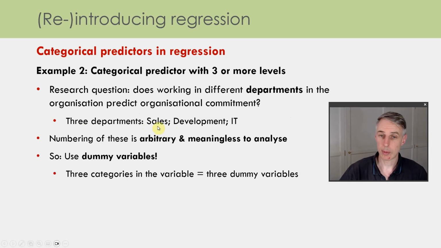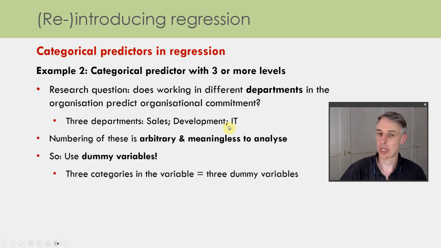Now, for coding purposes, we can assign numbers to these. Let's say sales is 1, development 2, and IT is 3. But that numbering is arbitrary and meaningless to analyze in itself in terms of their numerical values. So what we do instead is create dummy variables. In other words, we create 3 variables, 1 variable for each level, okay, that represents whether or not participants are in a particular category or level of that predictor.